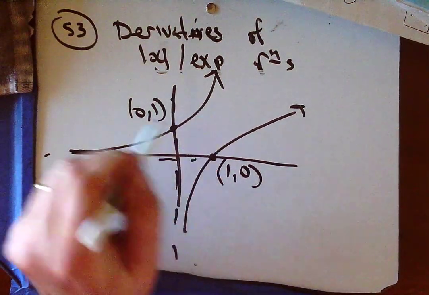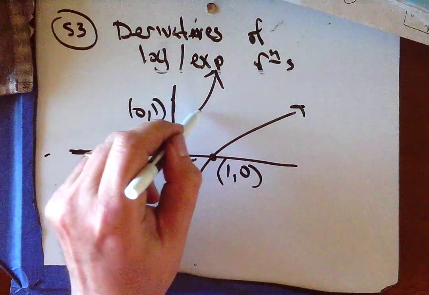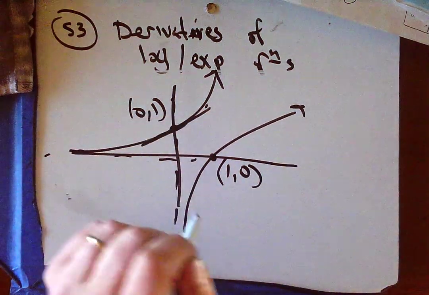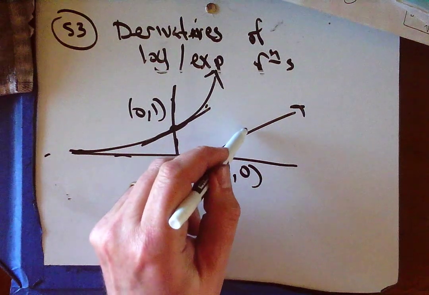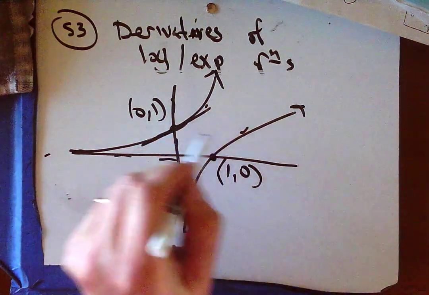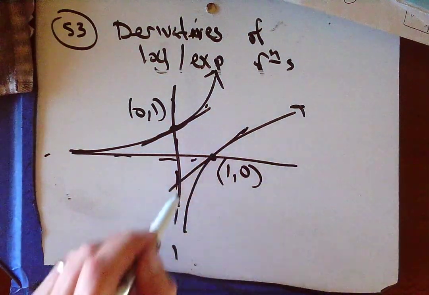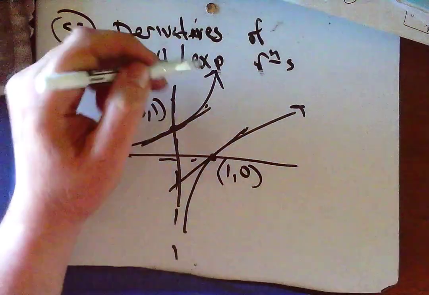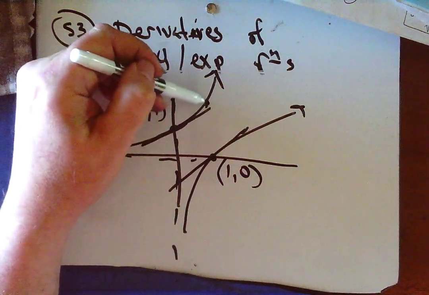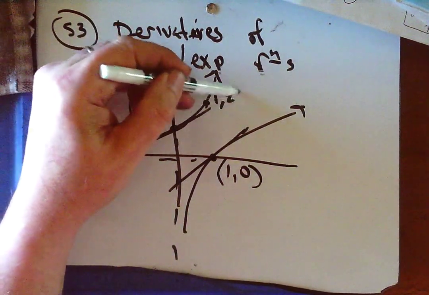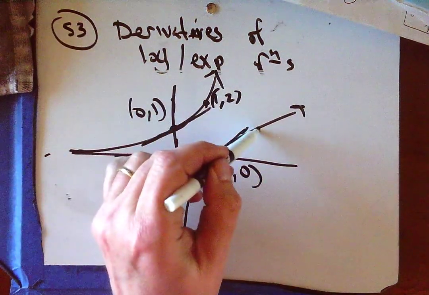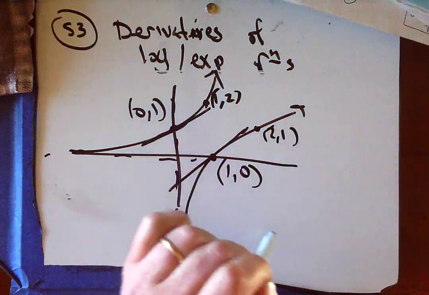So at this point, I see a slope. What's the relationship between that slope and this slope? It's very interesting. And by the way, if this point, for example, was 1, 2, then I know on this graph there's a point called 2, 1.